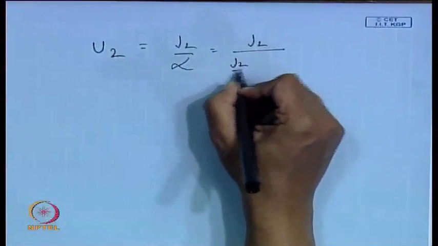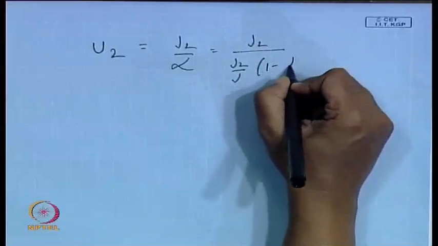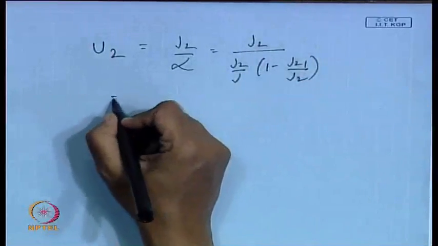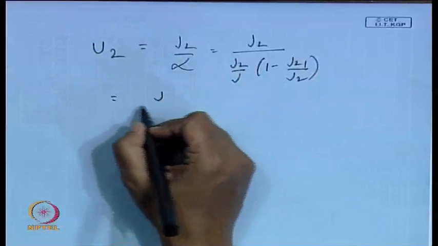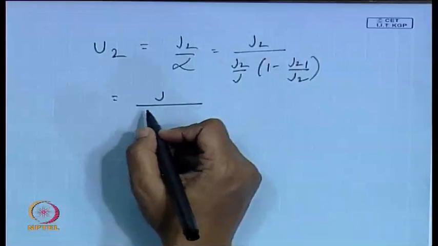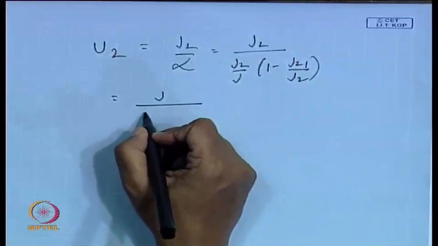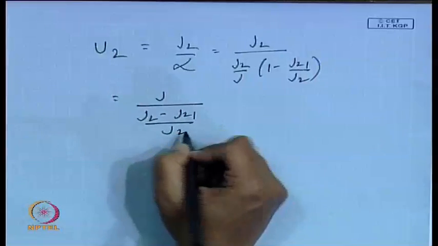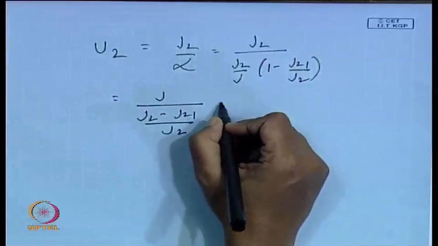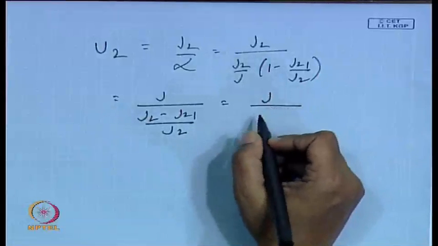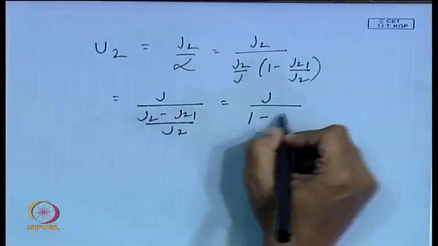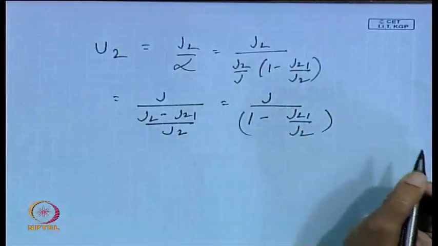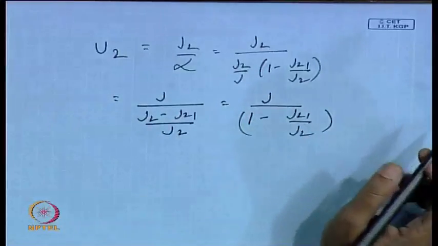This is j2 by j, 1 minus j21 by j2, agreed, or in other words again taking up j on the top, we get this as j by j2 minus j21 by j2, or in other words this is j by 1 minus, agreed, fine.